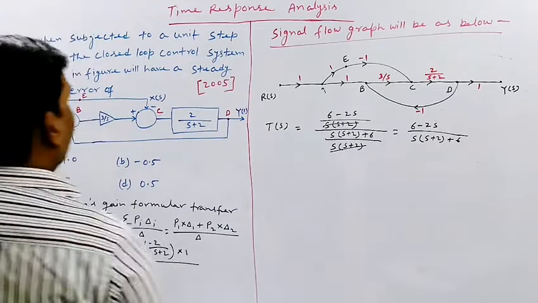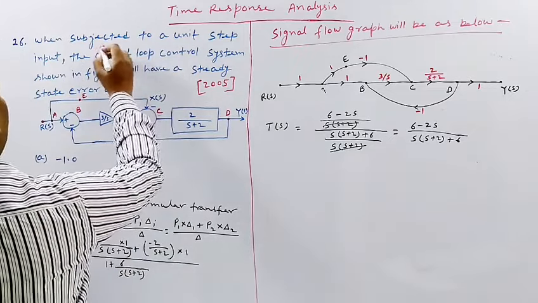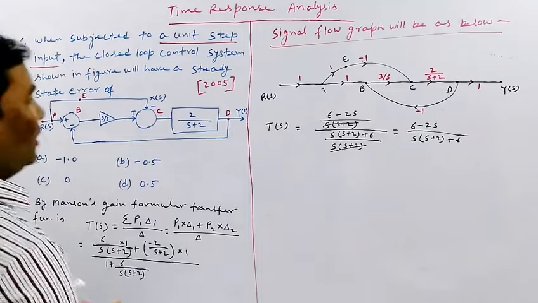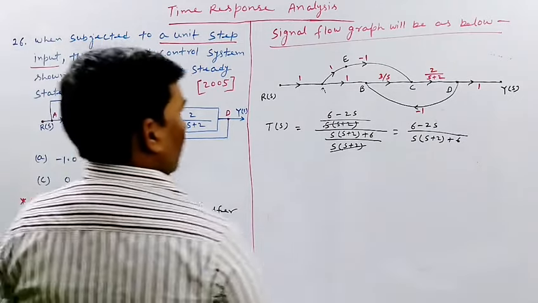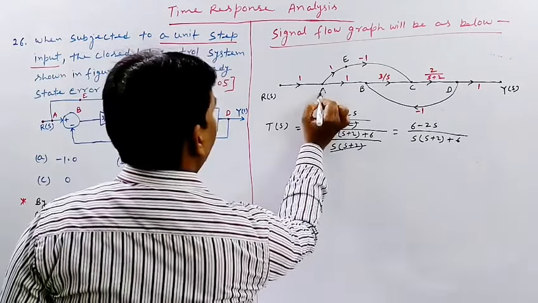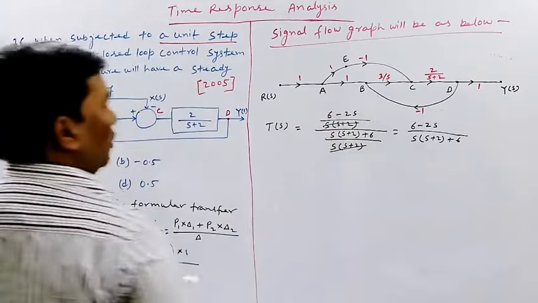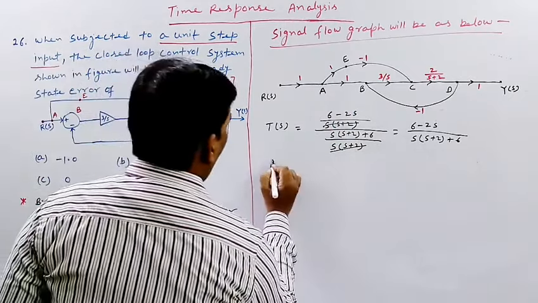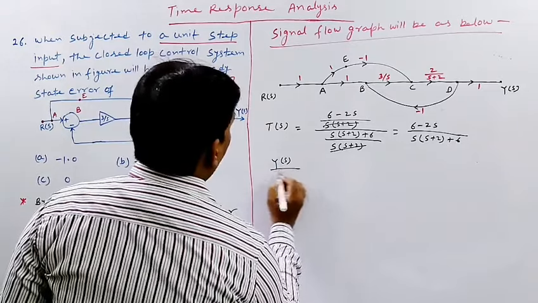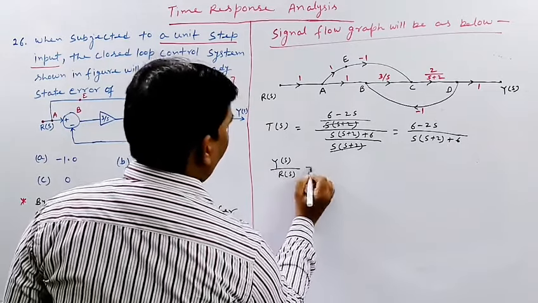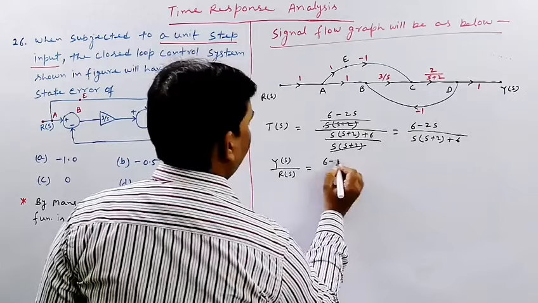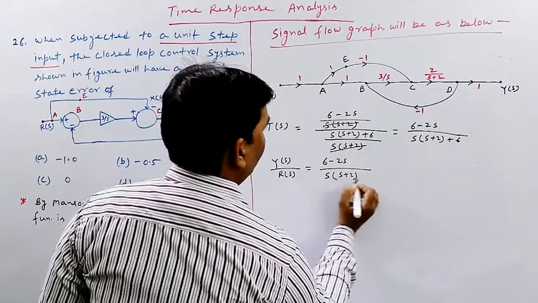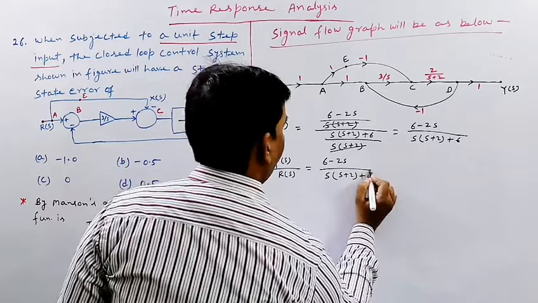Again it is given that the input is a unit step input. So we can write Y(s) divided by R(s) equal to 6 minus 2s divided by S into S plus 2 plus 6.